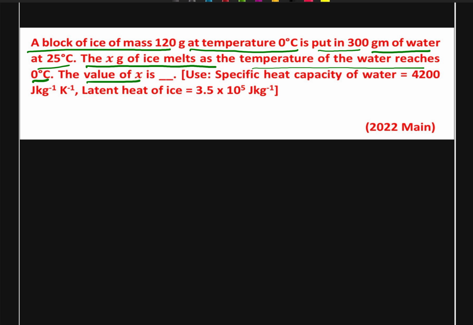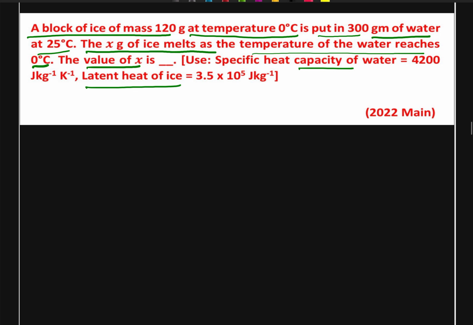The value of x is? Specific heat of water and latent heat of ice are given to us. In this case, the ice is going to melt by taking heat from the water. So there will be heat lost by the water, and that heat will be used by the ice to melt. So we can use the conservation of heat energy.